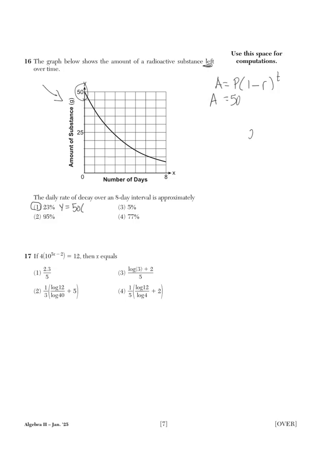Okay, think about that. 23% decays, so then 77% would be remaining because these two add up to 100. So I'm putting in 0.77 to the x.